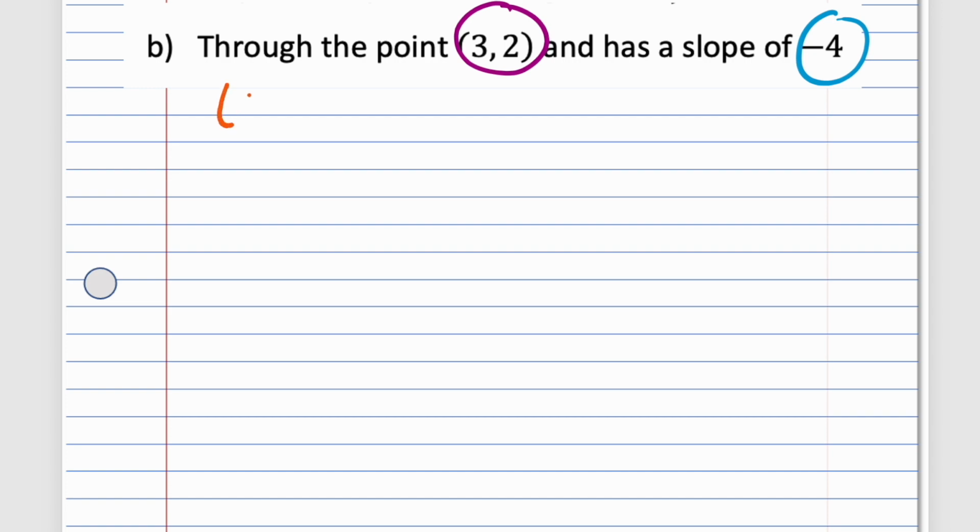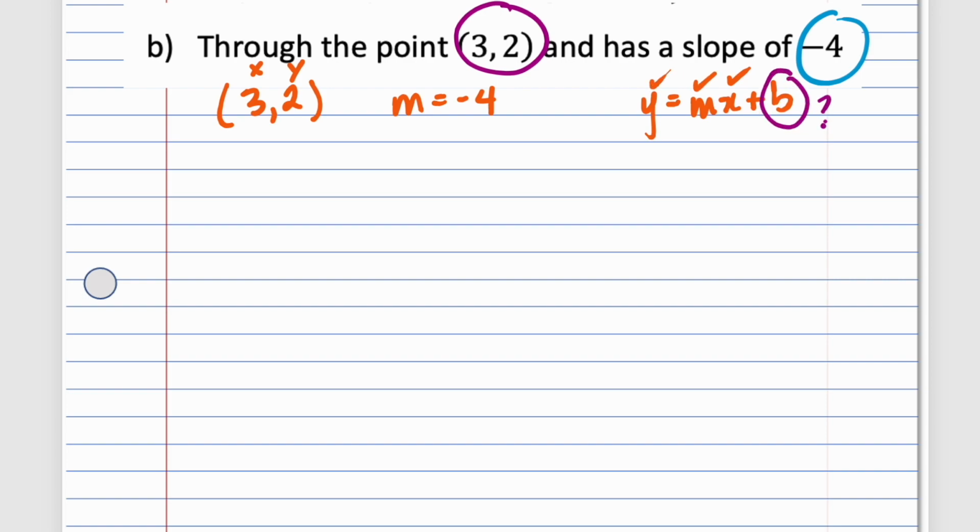Next one, we have the point 3, 2, which has an x and a y value, and the slope is -4. Let's write the first equation in the slope y-intercept form. We have an x value, a y value, the m, and we can find the b. 2 is equal to, m is -4, x is 3, plus the b. 2 is equal to -12 plus b.